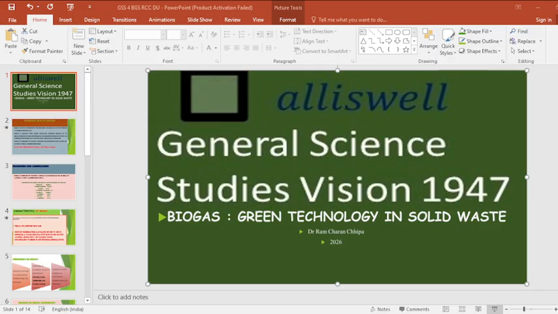In the kitchen, the cylinder is there and cooking gas is there, and there is a temperature at which we ignite the burner. Similarly, biogas is ignited. Ignition temperature is the temperature at which ignition of that particular fuel occurs.